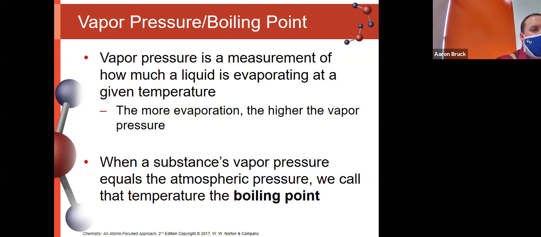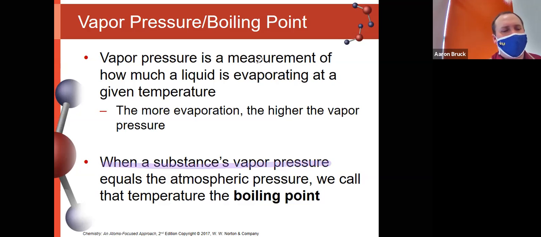But here's something we haven't talked about yet, and it's an important thing to note. When a substance's vapor pressure equals the atmospheric pressure, the temperature at which that happens, we refer to collectively as the boiling point of the liquid. So evaporation, vaporization, is a process that occurs continuously at all temperatures.